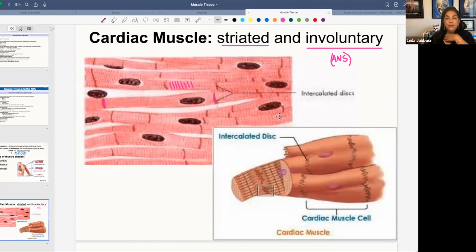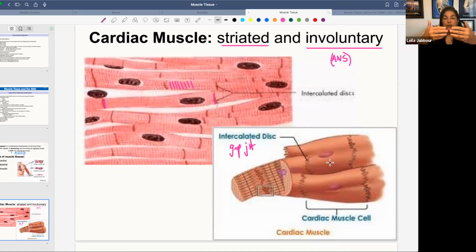Cardiac cells are attached to each other via these very specialized junctions, intercalated discs, that are rich in gap junctions. So intercalated discs are gap junctions between the cells, and we've seen gap junctions between two osteocytes. We've seen gap junctions in the beginning when we first talked about cellular junctions.